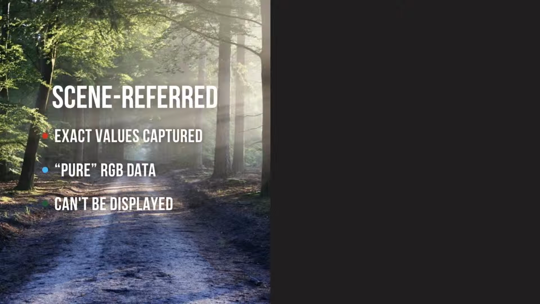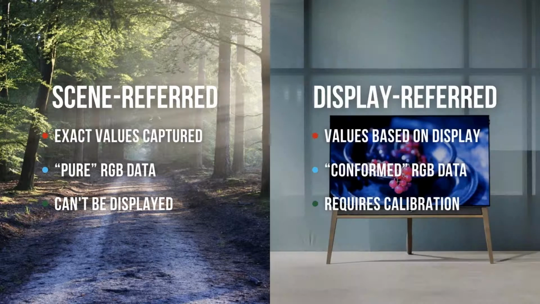You have to conform that into something. So you take that scene referred color space and you map it into a display referred color space. And so your values are really tailored to the display that you're going to use. And so, in the computer, what that value is not as relevant as the way it actually looks on the display. That's why we use calibrators in order to actually calibrate the display to a standard as close as we can.